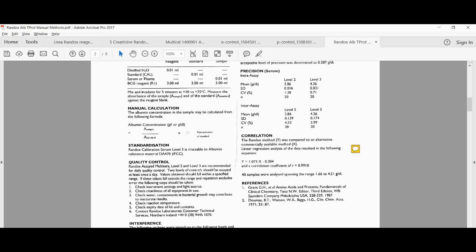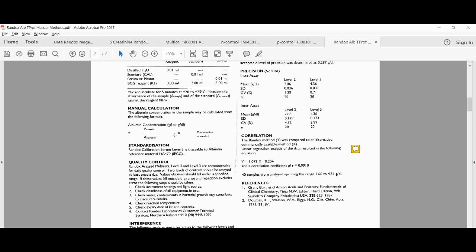So therefore you're going to do your standard, and then you're going to do your controls, your N control and your P control. If it's a different manufacturer, such as Beckman for instance, they have decision controls. If you use Randox controls, then they have multi-series controls.